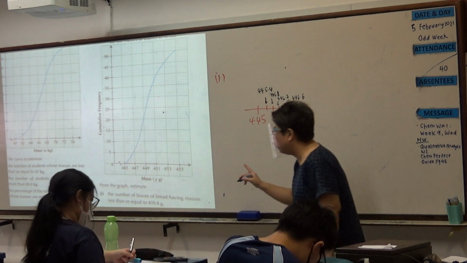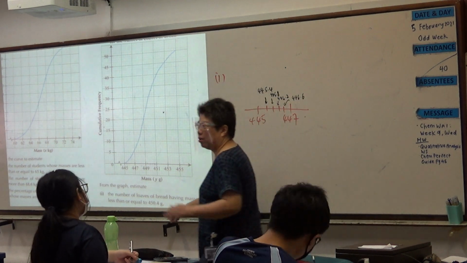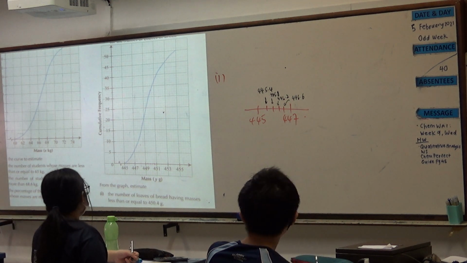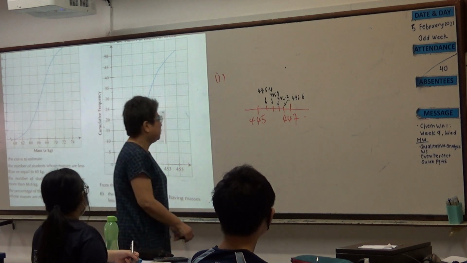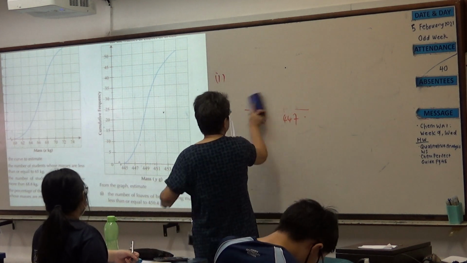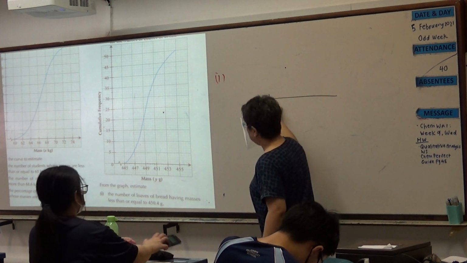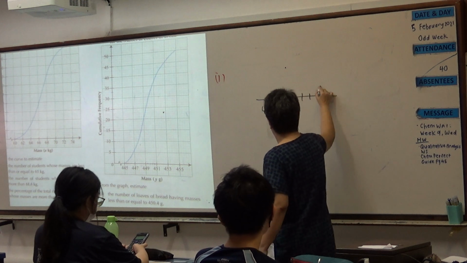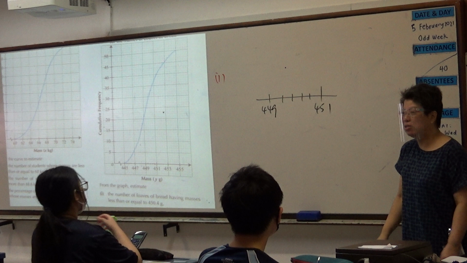Okay, I want to know where is 450.4? Look at your diagram. Where is 450.4? Not that easy to see, you know. Am I right? I'm enlarging it for you.